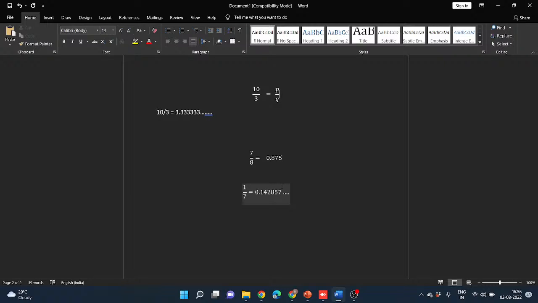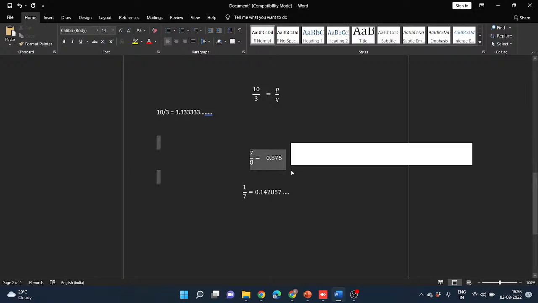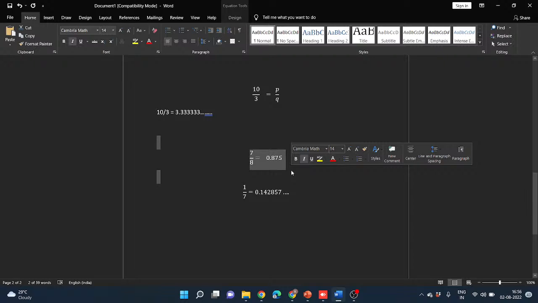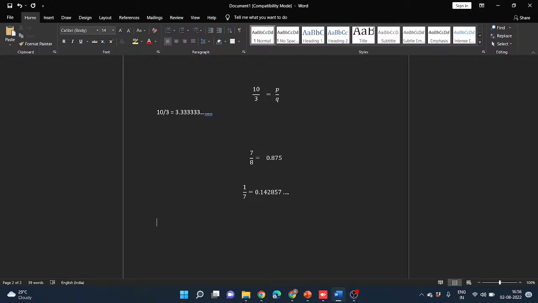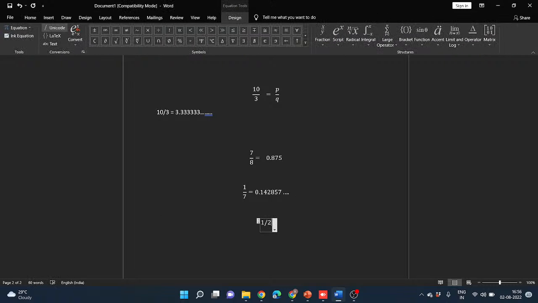When the remainder becomes 0, as in example 2 where we divided 7 by 8, we got the result 0.875. In this case, the remainder became 0 at a certain point. Similarly, we can take the example of half.